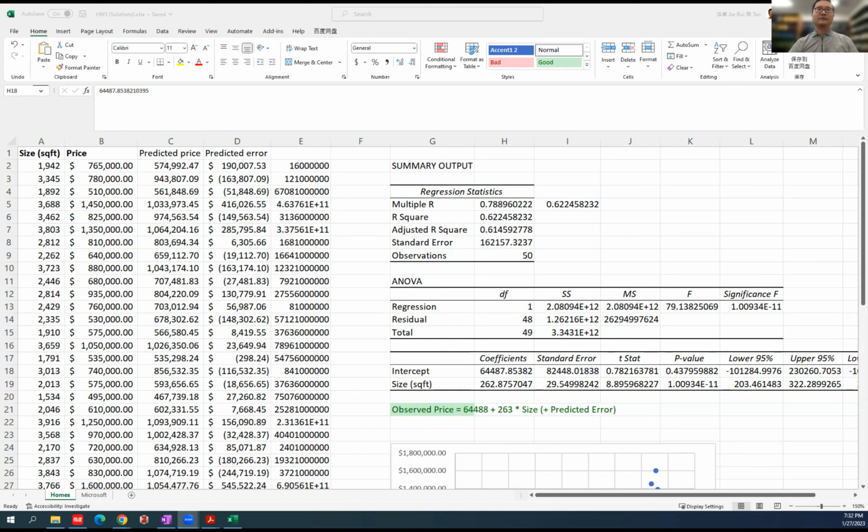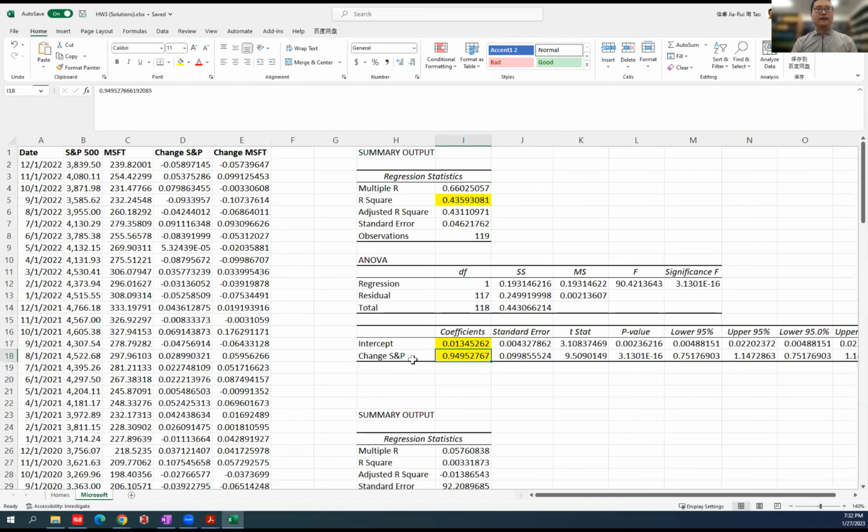If there was no 0 size in a house, then it's not a house, right? That's why the intercept may not really have a meaningful interpretation. However, this doesn't mean that we should not include the intercept. The intercept is always required for a linear regression model. It's useful when doing prediction. If we remove the intercept, the predicted house price would be wrong.